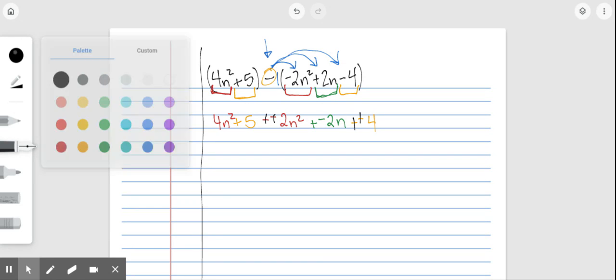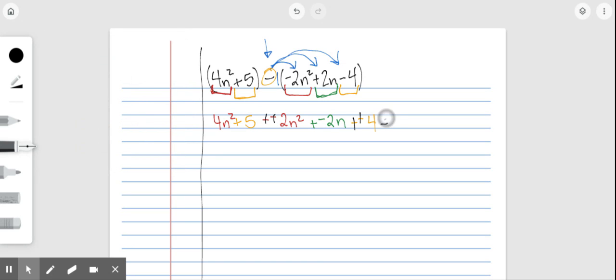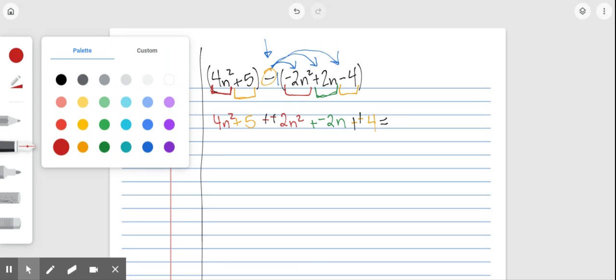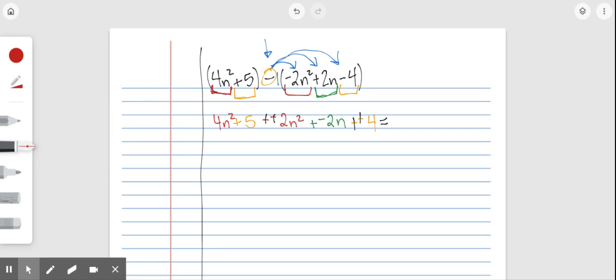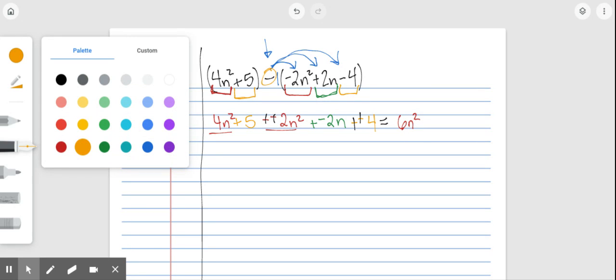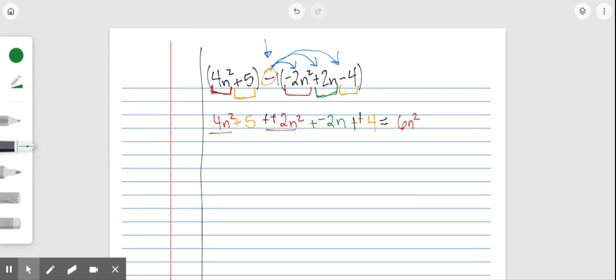Now that I've got all of those terms simplified as best I can, I'm going to combine like terms. I'm going to start with my reds, or my n to the second power. I have 4n squared plus 2n squared, which gives me 6n squared. Then I'm going to go to the plus negative 2n, because usually in standard form, you keep each of the terms in the polynomial in order of exponent.